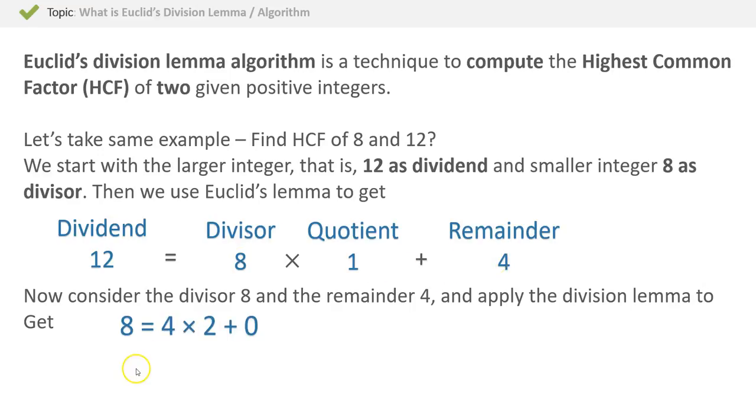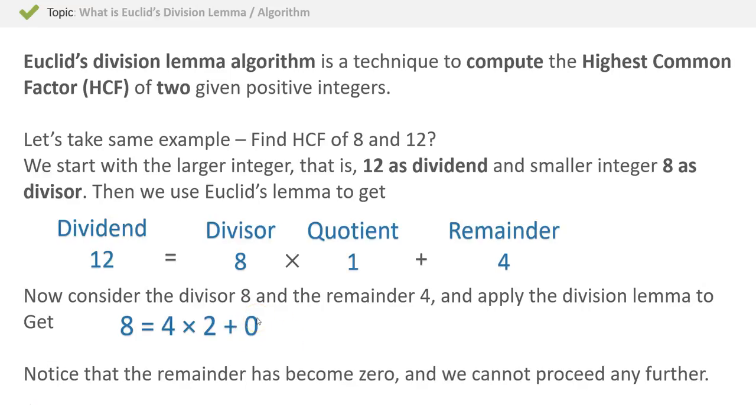Now we can represent 8 as 4, which is the divisor, multiplied by 2 as quotient, and if you multiply 4 and 2, what you get is 8, so there is no remainder. Hence in this case the remainder is 0. Notice that the remainder has become 0 and we cannot proceed any further.